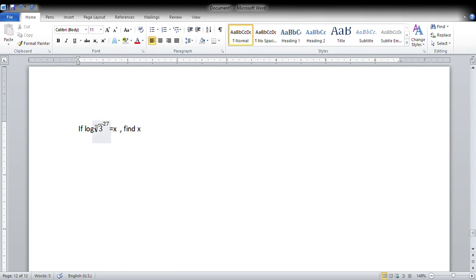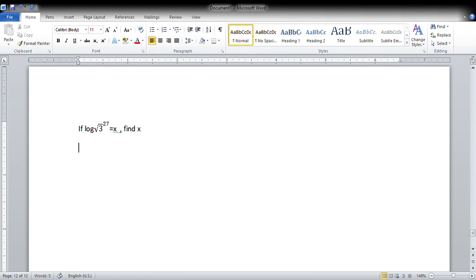How can we convert a log form to the exponential form? It reads as log 27 with the base root 3.